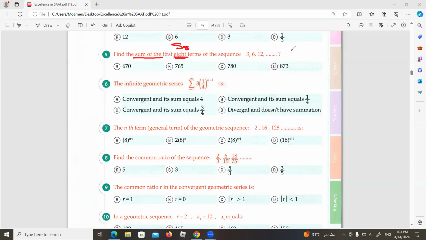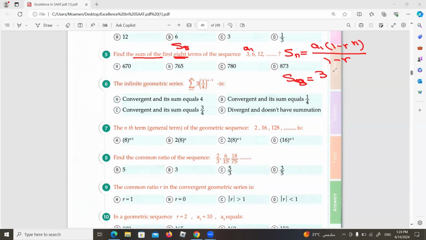So I just write the rule: Sn equals A1 open bracket 1 minus R power n, over 1 minus R. You need S8, so S8 equals A1. The first term here, A1, is equal to 3.